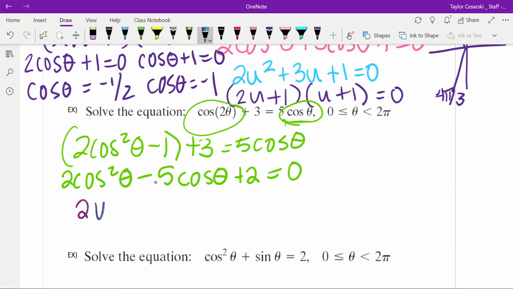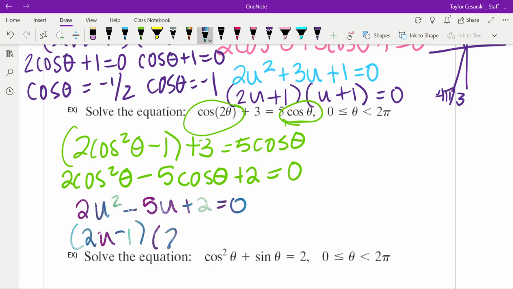So 2u squared minus 5u plus 2 equals 0 when I replace. When I factor this, this turns into 2u minus 1 and u minus 2. So let's go back and replace that with cosine of theta.